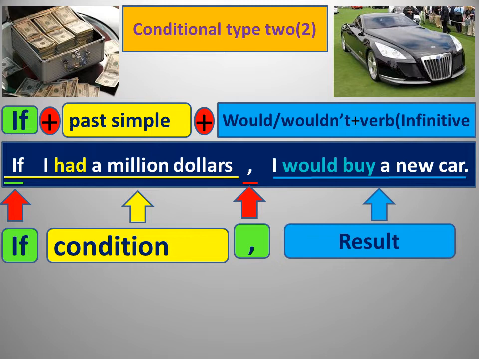Would or wouldn't plus verb in infinitive. Pay attention, verb in infinitive. Like in this sentence, I would buy. Not buying, not she would buys. It's not correct, okay? Plus bare infinitive.